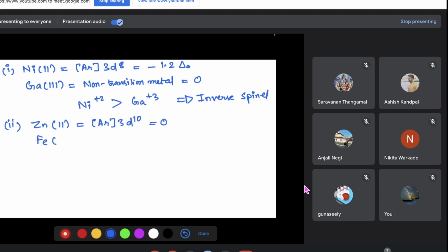and Fe3+ has the electronic configuration argon 3d5. It again has a CFSE of 0. So in this case, both are transition metals and have CFSE equal to 0.